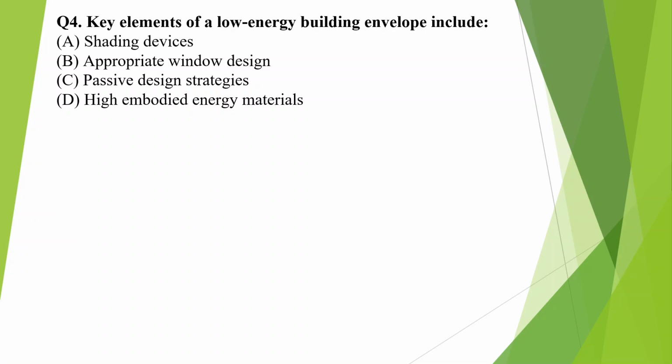All the subsequent questions that I will be discussing in this chapter, or I can say the next three questions, will have multiple selections. So you select your answers, which are the correct options for this question number four.